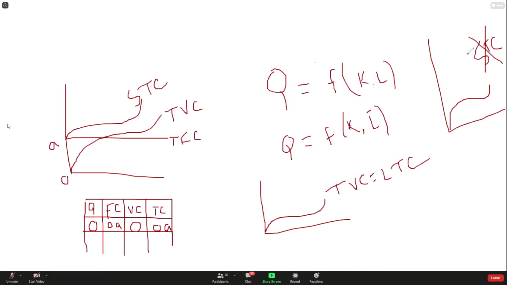Sir, what is the difference between cost and total cost? For example, when you want to say the total cost of your production, generally it is not the cost of only one month.